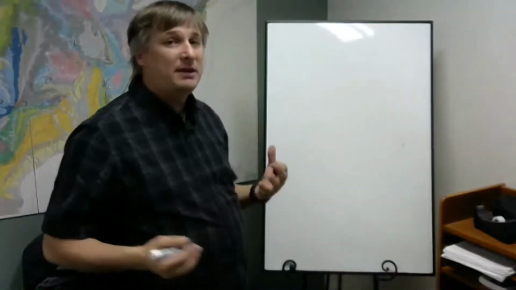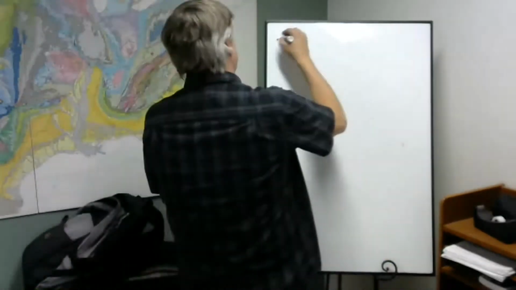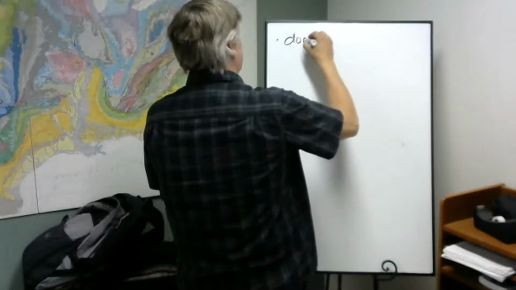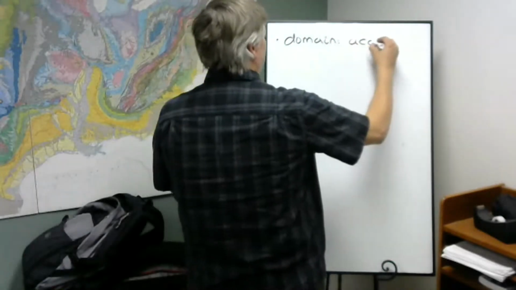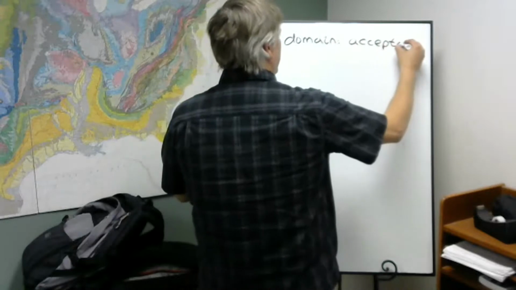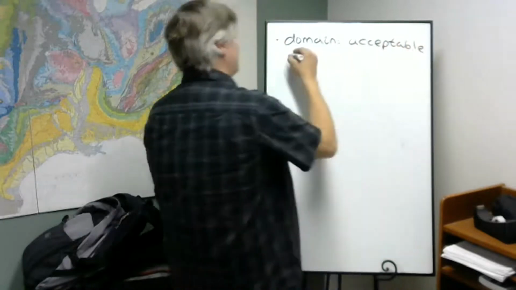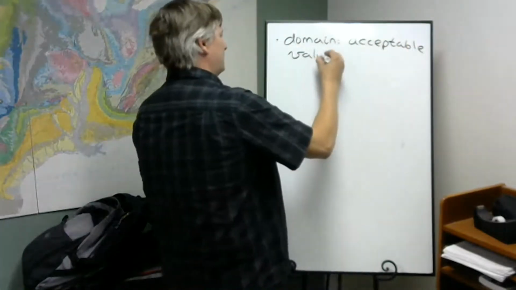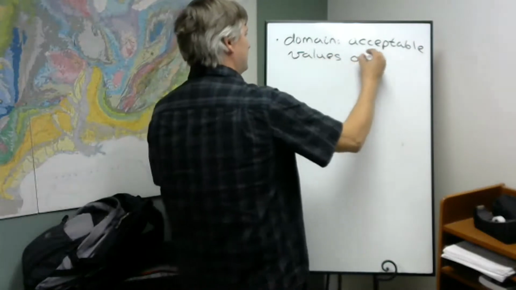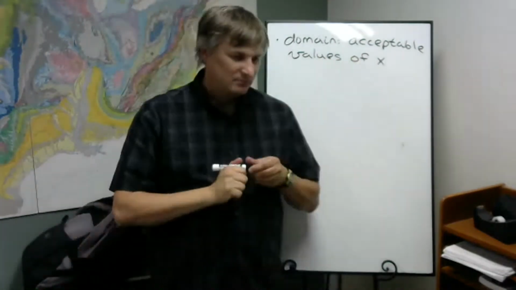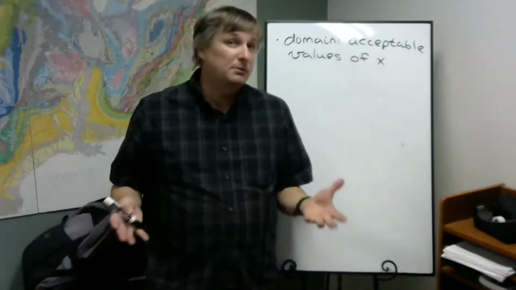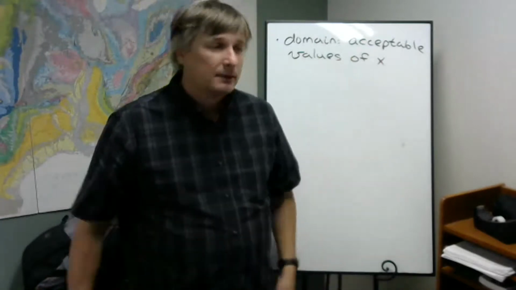And you can think of domain as this. Acceptable values of x. Now, this is kind of strange. Acceptable according to whom?